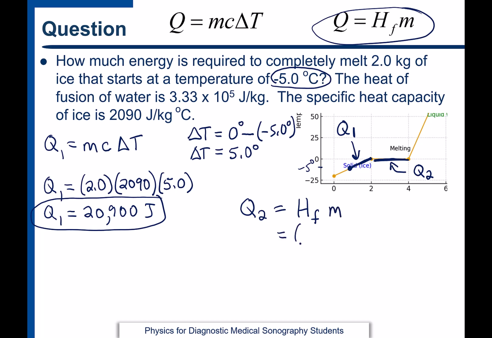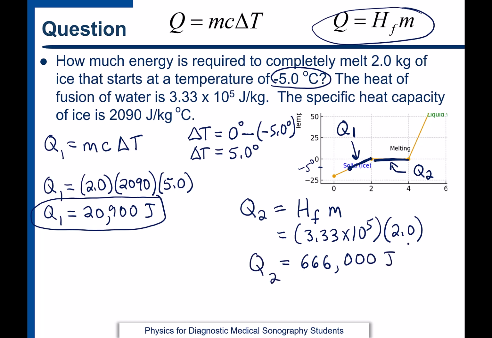Here we have the heat of fusion, which is 3.33 times 10 to the 5th joules per kilogram, and we're going to multiply by the number of kilograms we have, which is 2. What we get is 666,000 joules. And that's Q2.